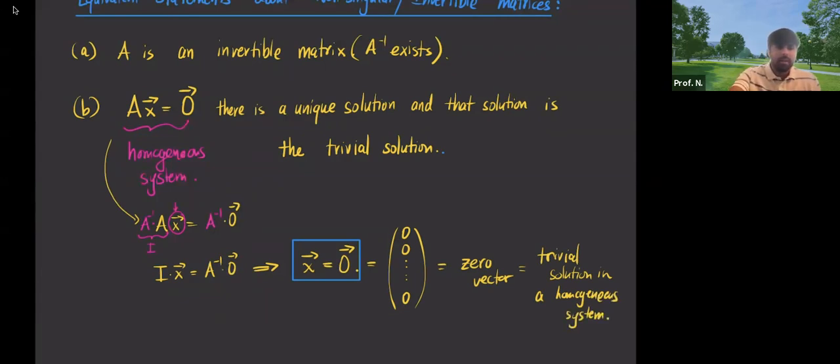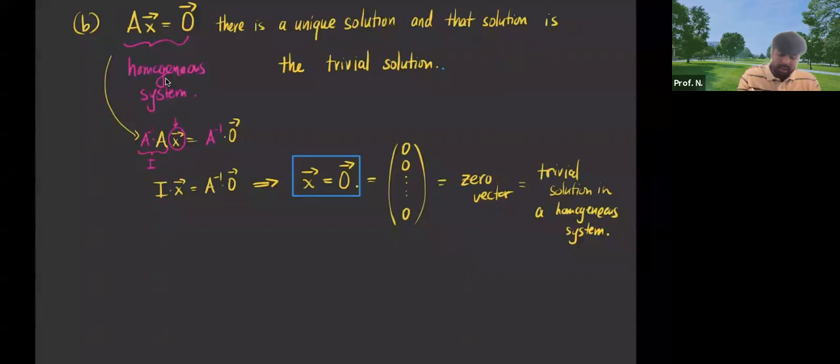Now, we discussed this, but I just want to hear from you what you remember or gather. These statements should become part of your memory. When you talk about invertible matrices, there's a slew of things that we can discuss. Invertibility means the inverse exists. If I have a homogeneous system with an invertible matrix associated with it, then the trivial solution always exists, but it's the only one that exists.